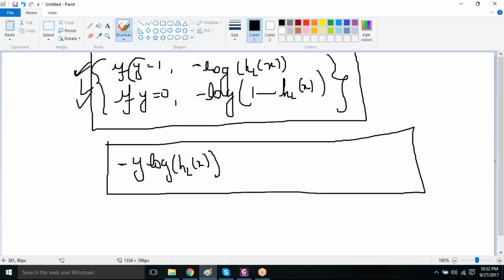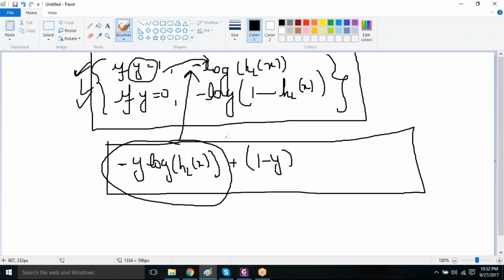See, I have multiplied this y into this. I have done nothing new. I have just multiplied the class with this. And then plus 1 minus y.